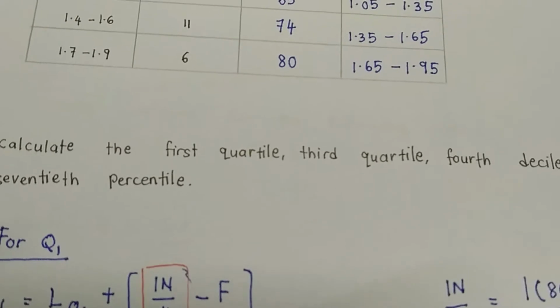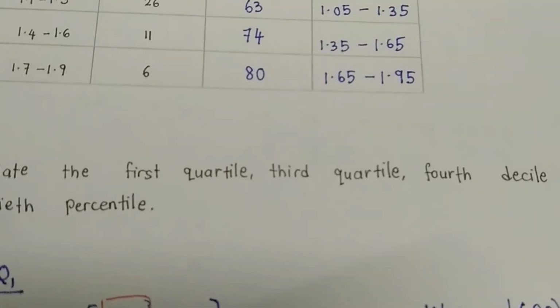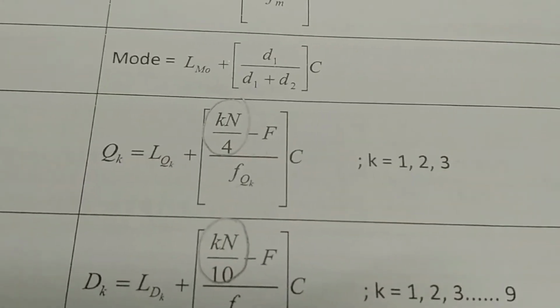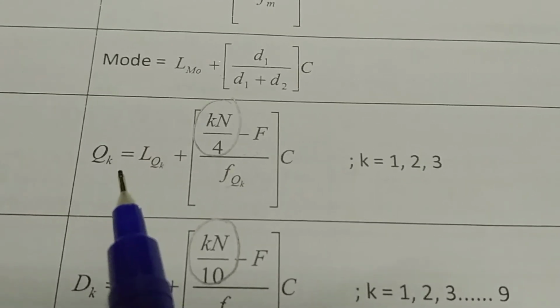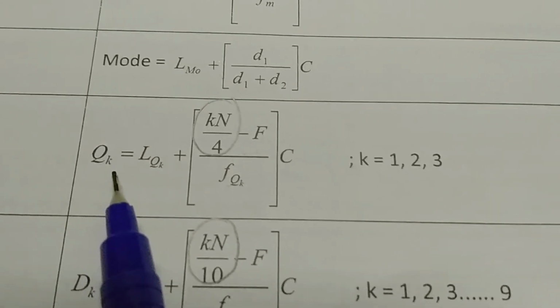Okay, now for the third quartile. Again we must look at the quartile formula. So we have QK. Now we must find the third quartile, that means our K is 3.